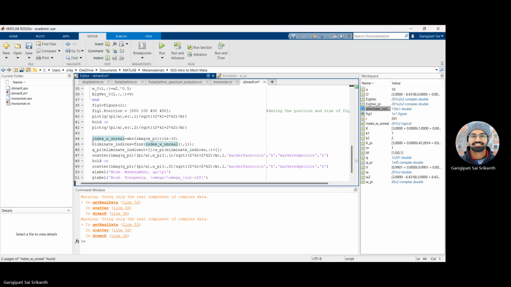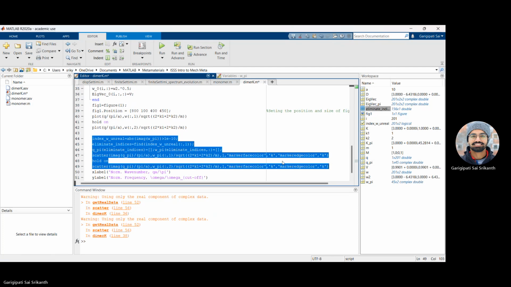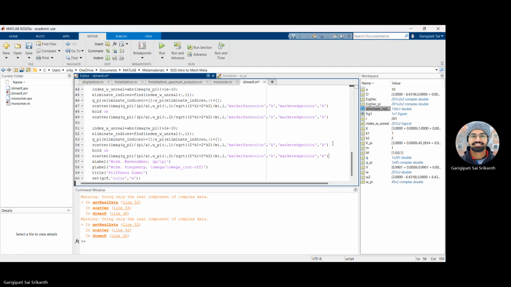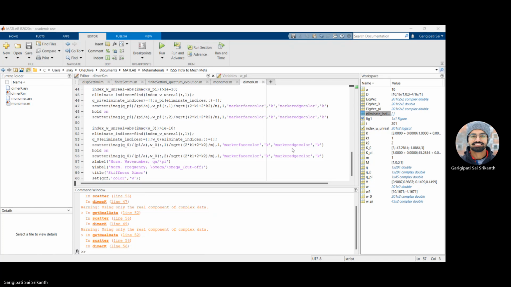Becoming more and more messy. Also, this works. It works.